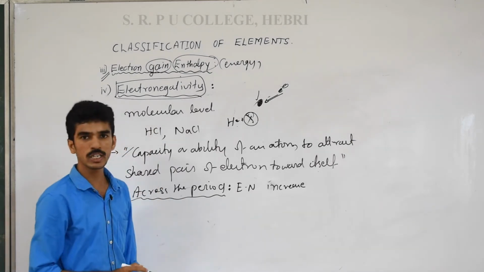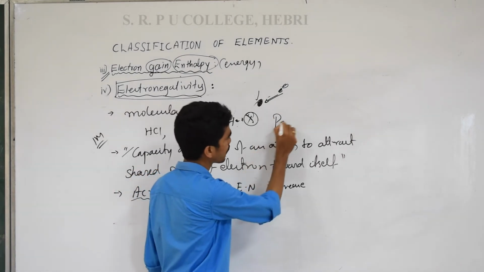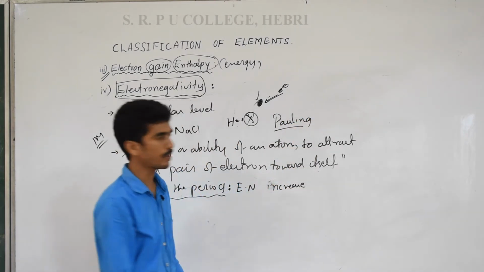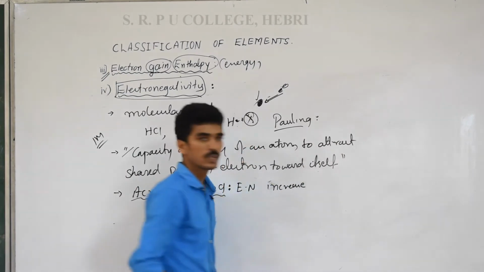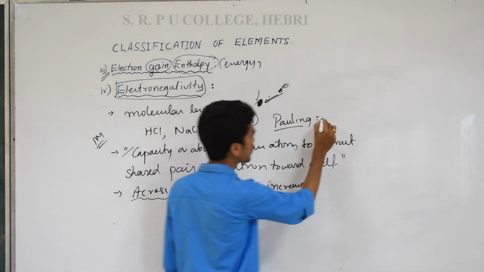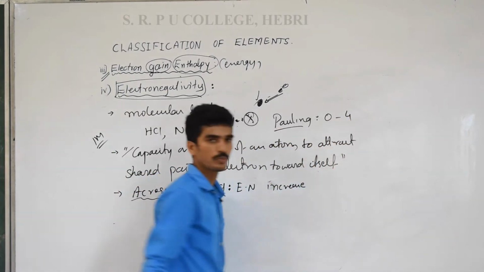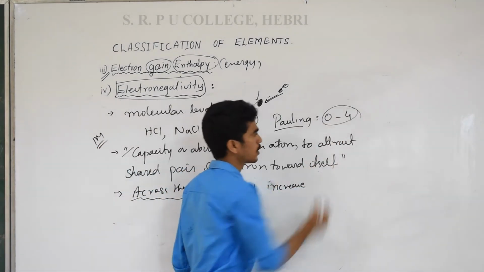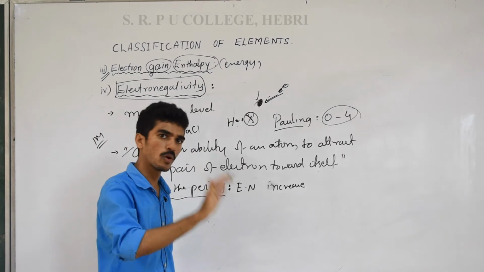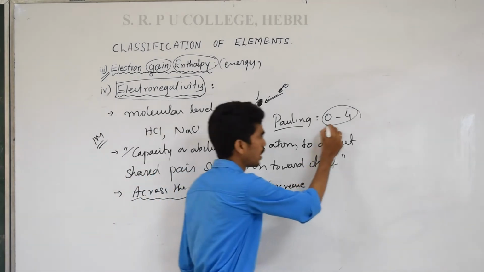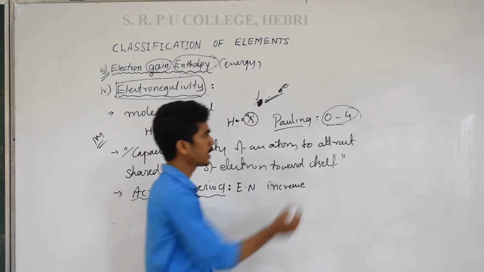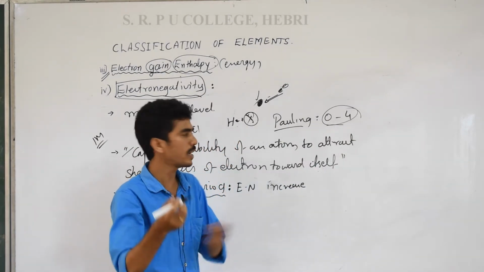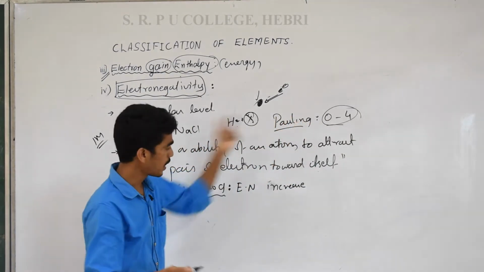These electronegativity values are given by Pauling, and according to him the values vary from 0 to 4 only. It is a particular scale. The value depends on the particular atom and on what it is bonded with. If it is bonded with a more electropositive atom, then it is the more electronegative atom.